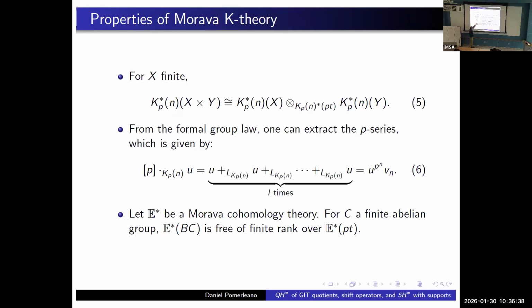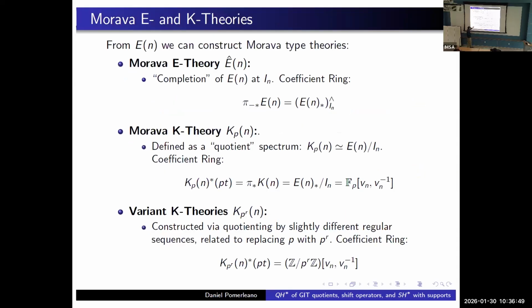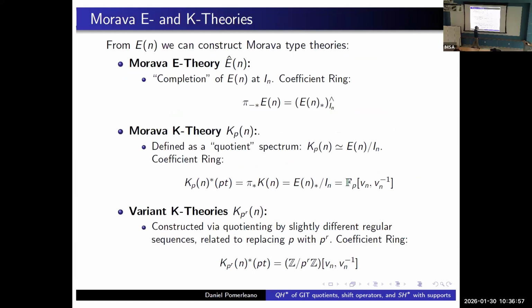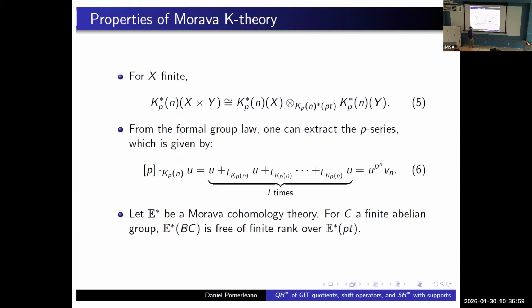The P series here simplifies just down to this. So we started with this original thing, and then we quotient out everything that's above and below it, and we're just left with this very simple P series, which, the most important thing for me, is that it's actually non-zero.